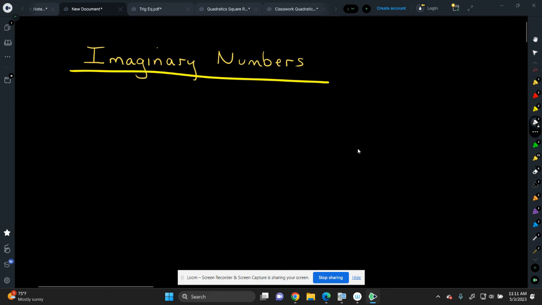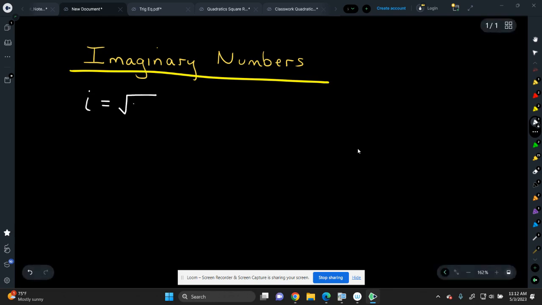So imaginary numbers are written as i. We put a little tail on the i so that we don't confuse it with ones. Okay. So an imaginary number is i. i is equal to the square root of negative 1. This is not a real number.